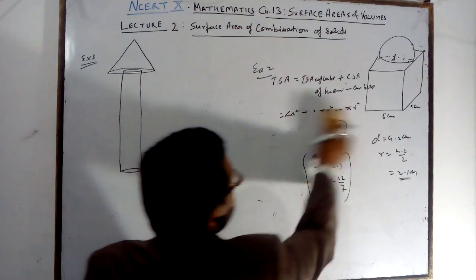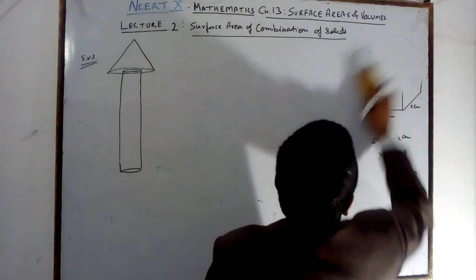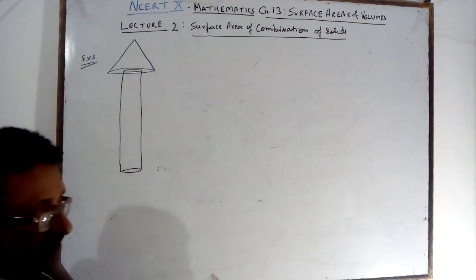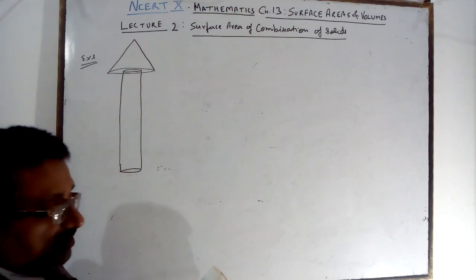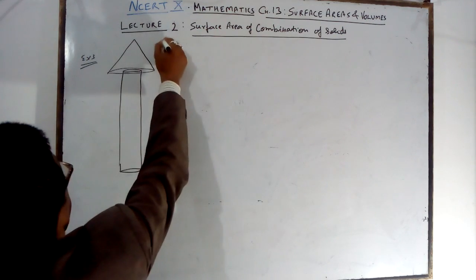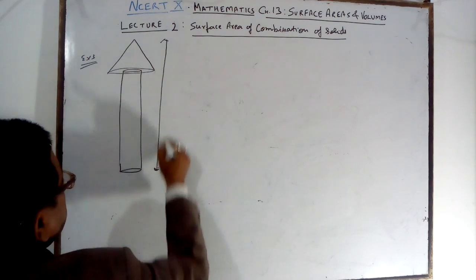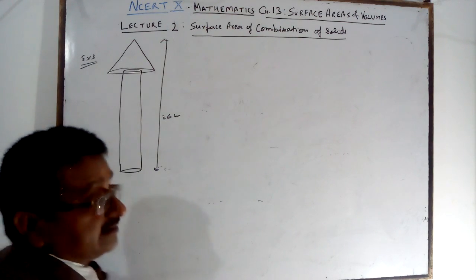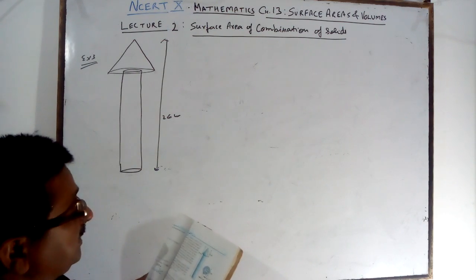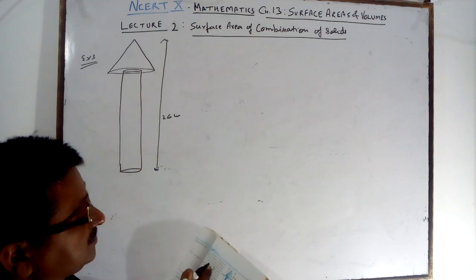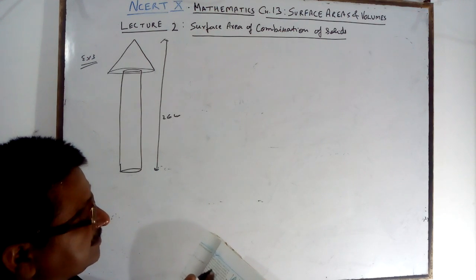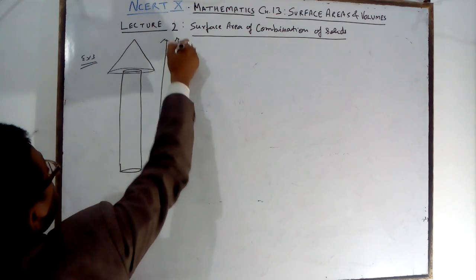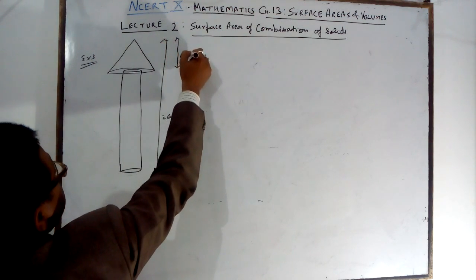You are painting this rocket with different colors. The height of the rocket is 26 centimeter. It is given 26 centimeter, but it is a combination of cone and cylinder. Height of the entire rocket is 26 centimeter and the conical part height alone is given, 6 centimeter.